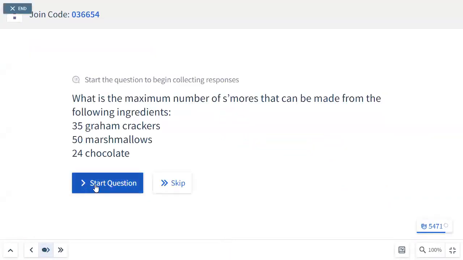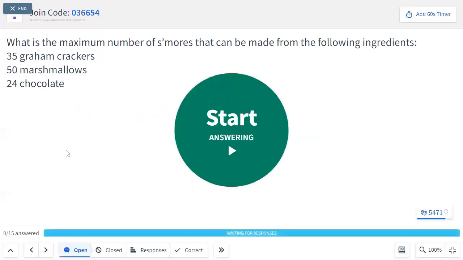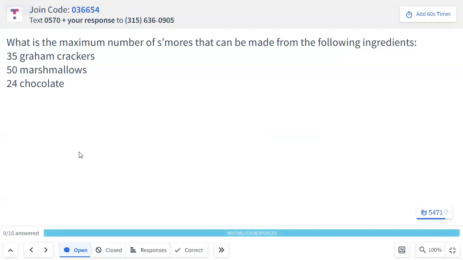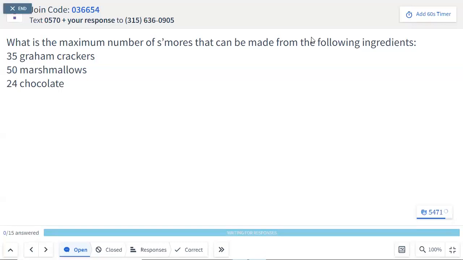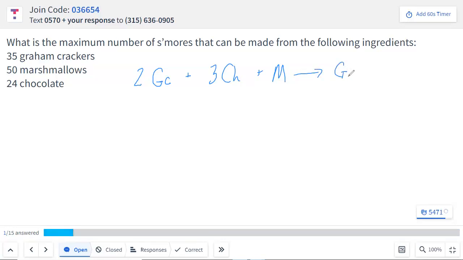Let's take a look at another idea here. What is the maximum number of s'mores that I can make if this is my ingredient list? Just remember, again, our formula, if you will: 2 graham crackers plus 3 chocolate and 1 marshmallow make a s'more.